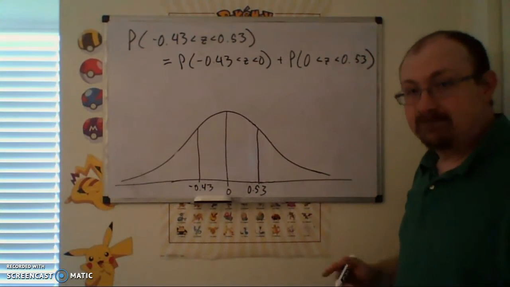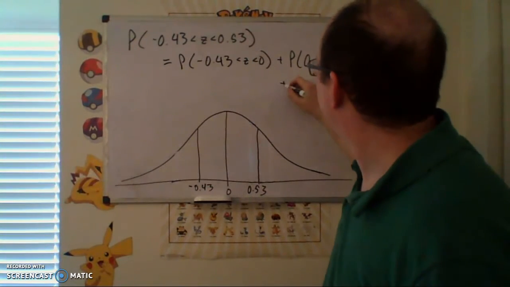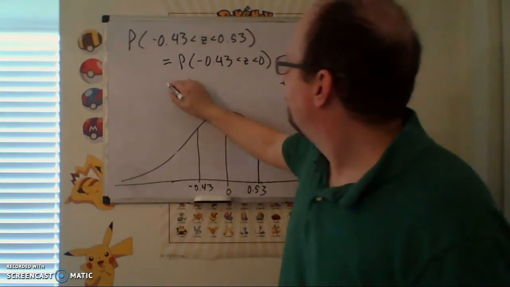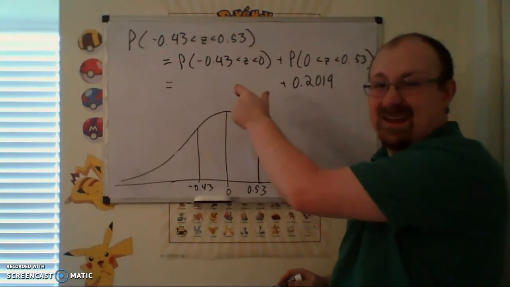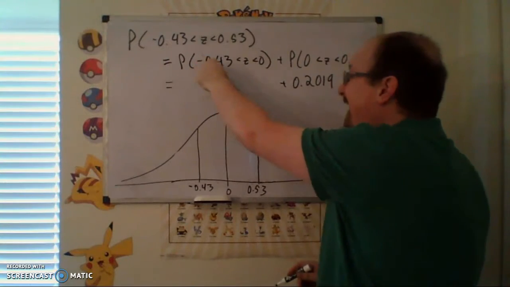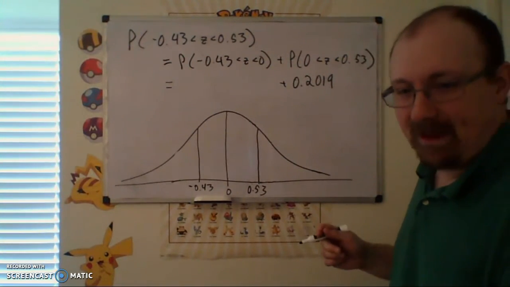So this guy, we can look up directly in the table. When I did that, I got 0.2019. This one, technically, I need to do one more thing because I need to do the drop and flip deal to move the 0 over here and a positive 0.43 on that side. But it's still something I can look up in the table.